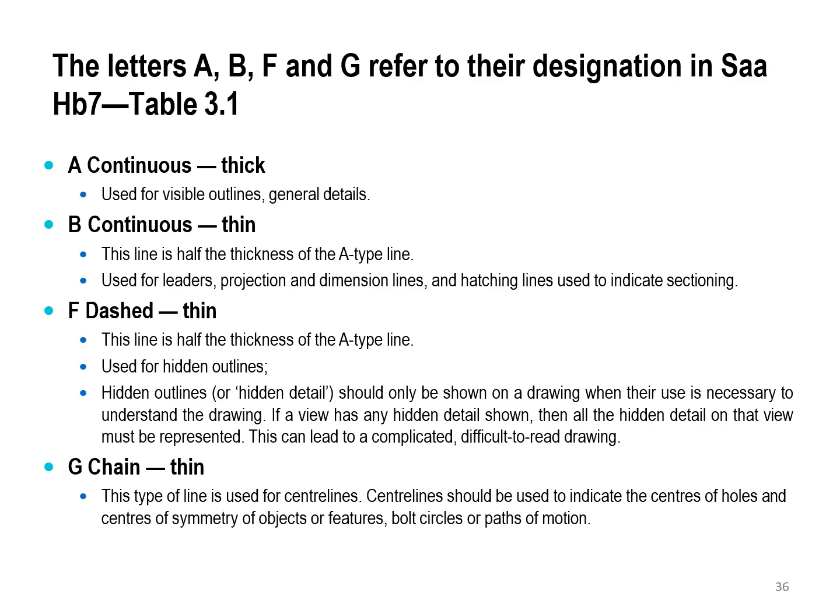The G chain thin line is used for center lines. The center line should be used to indicate the centers of holes and the centers of symmetrical objects or features, and also bolt circles or the path of motion.